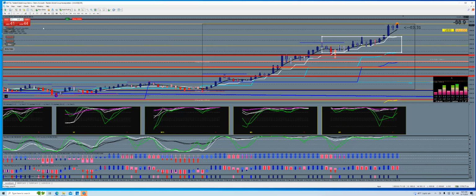What do you know? Look at this sideways action again. Yeah, it's crazy stuff. All right, so I'm hoping this rejection means something, and this could come back down. If this rejects, let's move up.